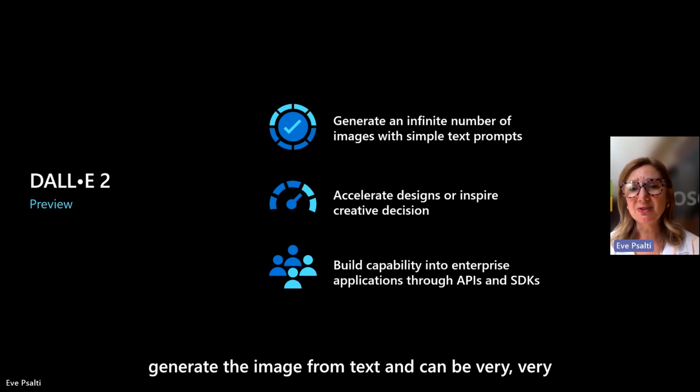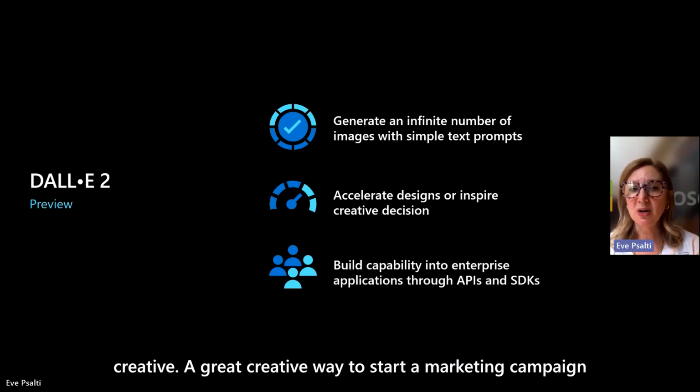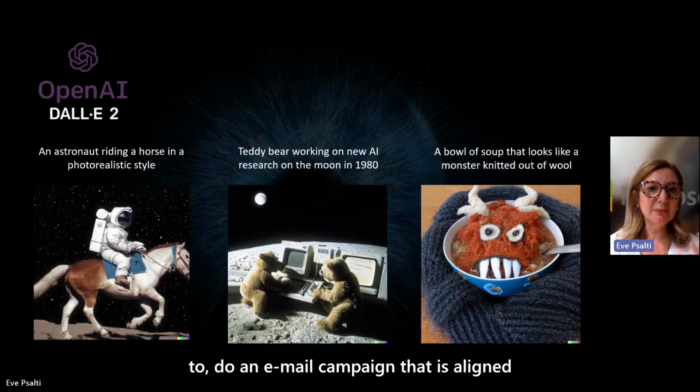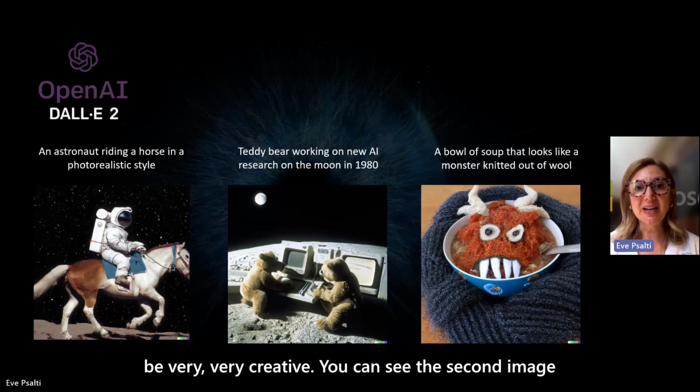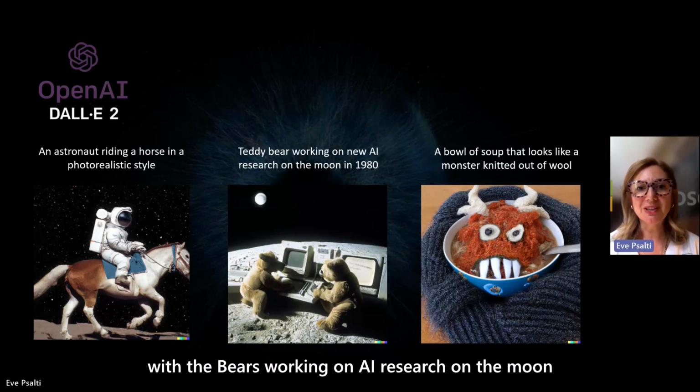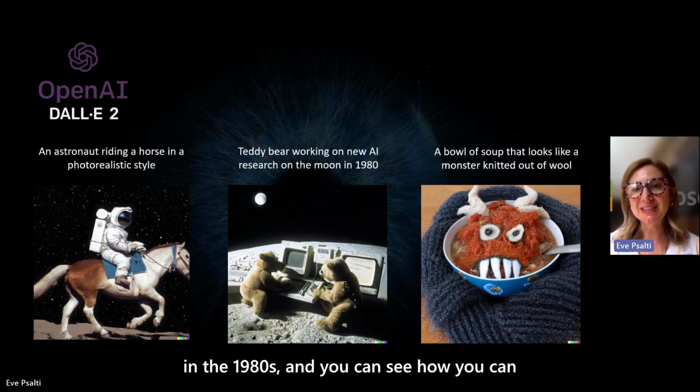Dall-E, as we said, can generate images from text. It can be very creative, a great way to start a marketing campaign or do an email campaign that is aligned to your brand. As you can see here, it can be very creative. You can see the second image with the bear working on AI research on the moon in the 1980s.